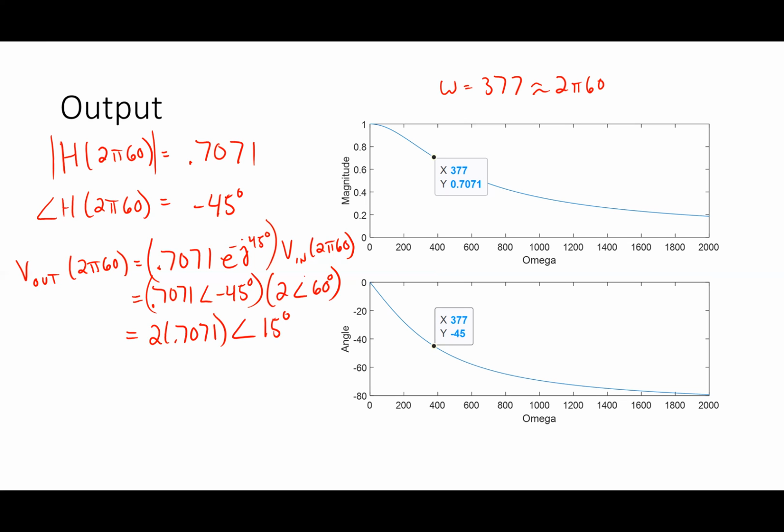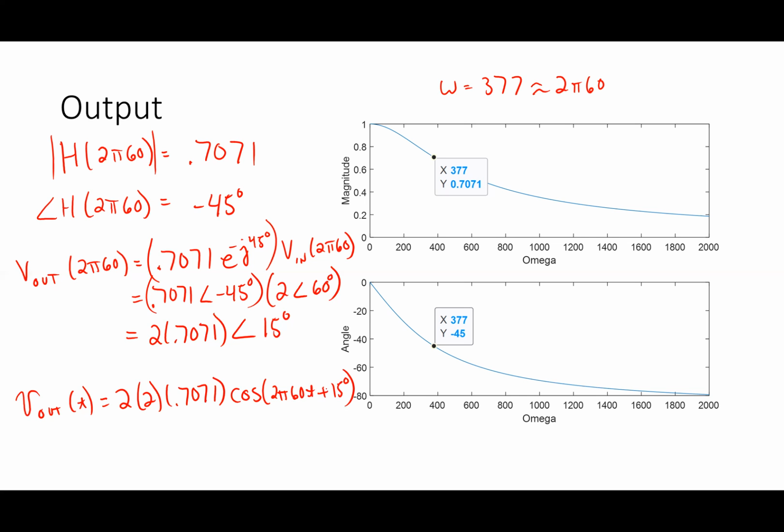Because the phasor is 2 times the Fourier transform, V out of t at that point is going to be 2 times 0.7071 times cosine of 2 pi 60t plus 15 degrees.